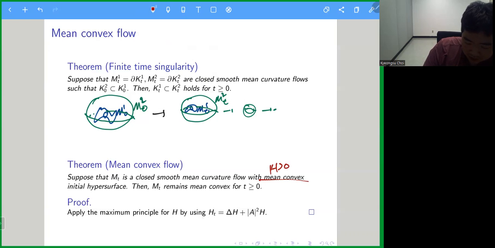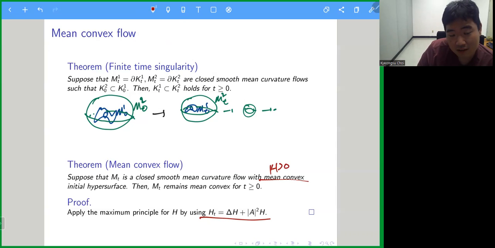If we derive the evolution equation of H along the flow, H satisfies a parabolic equation involving |A| squared. So we can consider its minimum. Then the maximum principle, or say minimum principle, shows that H is greater than the infimum of H at the initial data, which is positive.